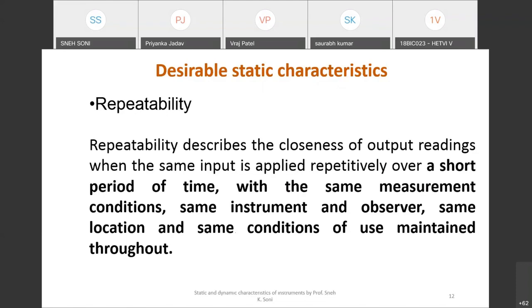Now I'm extending that with some restrictions. Repeatability describes the closeness of output readings when the same input is applied repeatedly over a short period of time with the same measurement conditions, same instrument and observer, same location and same conditions of use maintained throughout.